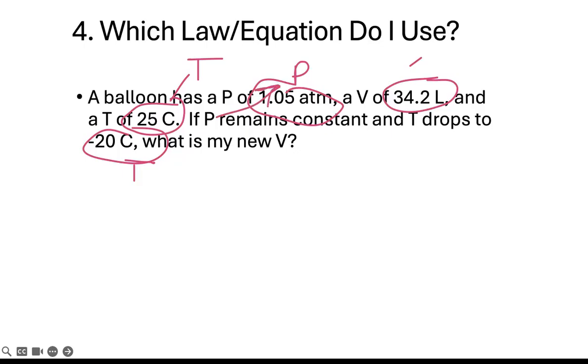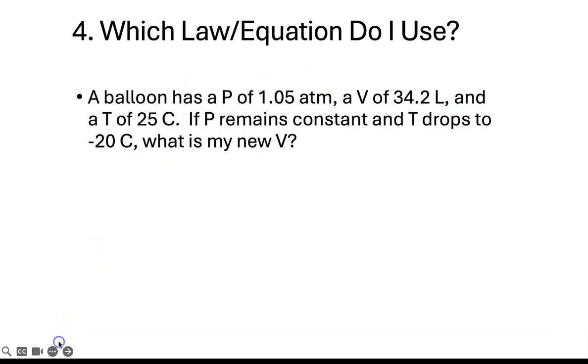So that means I've got two temperatures, a volume, and a pressure that's staying the same. You could use the combined gas law and put that 1.05 pressure in, or you could use Charles's law where you're just putting in the volume and the temperature.